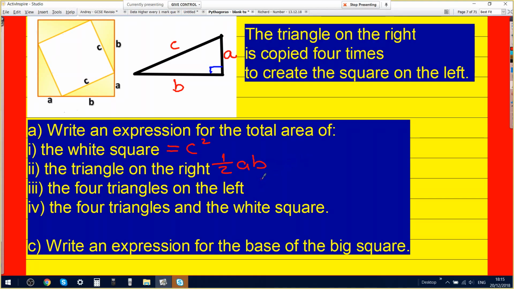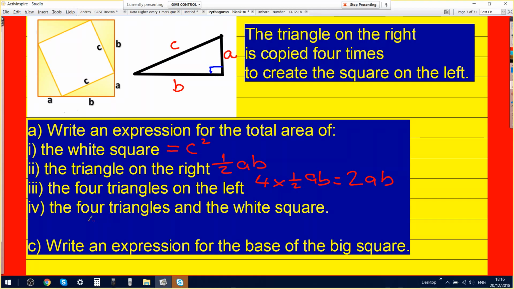If it was times 2, we want times 4. What's 4 times a half? 2. Yes. And so that is 2AB.